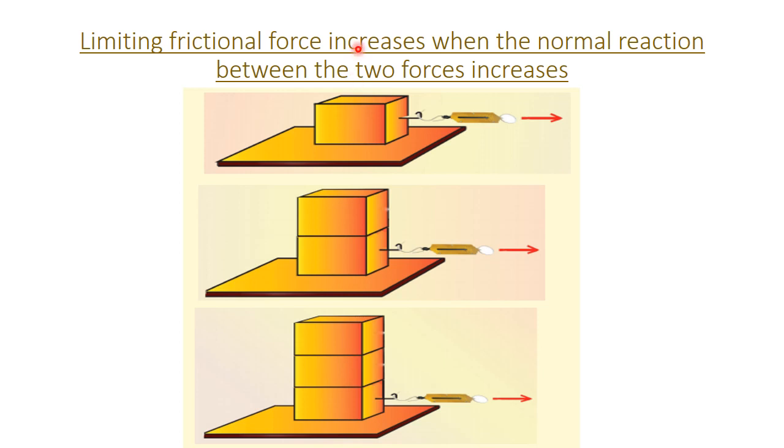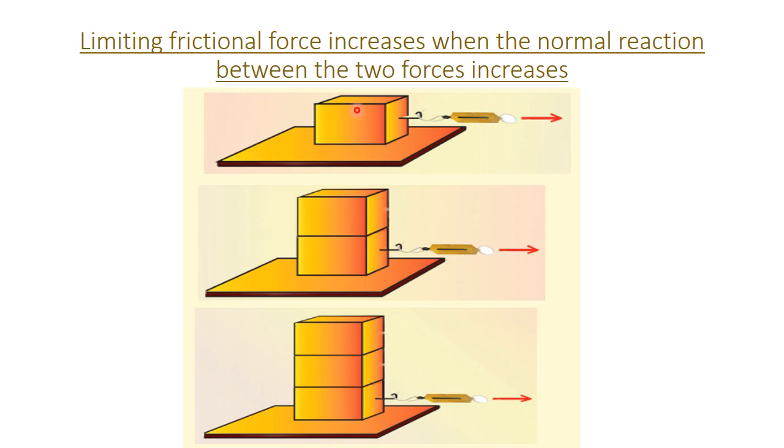So we are trying to find out the connection between this perpendicular opposite force and this required force. This perpendicular reaction force increases with the weight. When the weight increases, this perpendicular reaction force also increases.